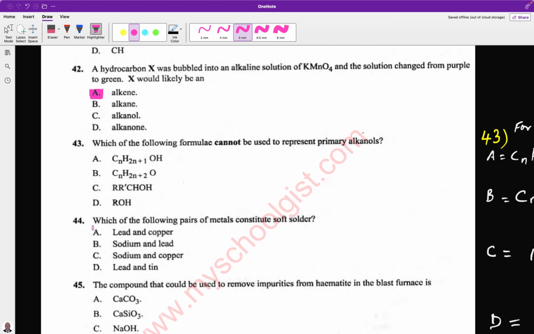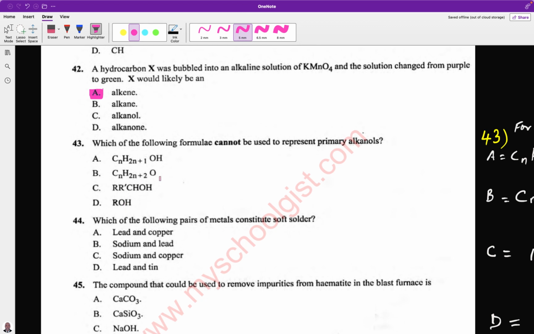43. Which of the following formulae cannot be used to represent primary alkanols? CnH2n+1OH. That is the formula for alkanols or alcohols.